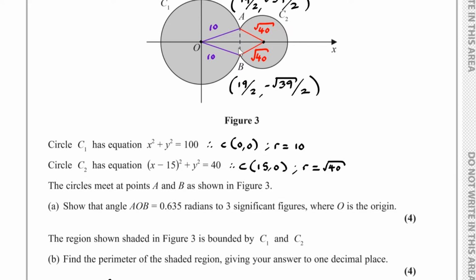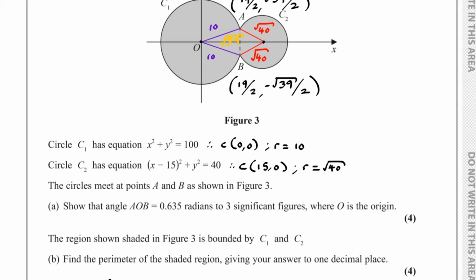And AB is root 39. Let's add this in a different colour. Here we have root 39, and we're finding this angle over here.